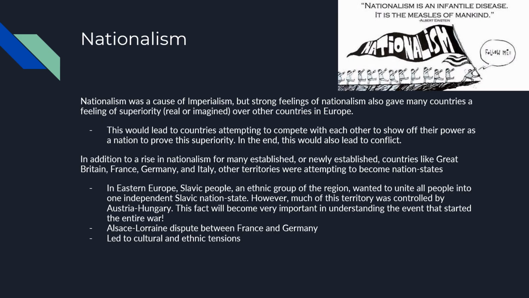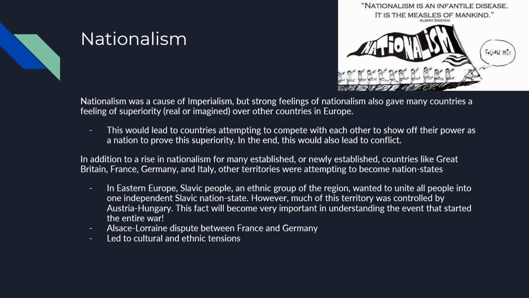So for instance, in Eastern Europe, and this is going to become important in the coming slides, Slavic people, who were an ethnic group of the region, want to unite all people into one independent Slavic nation state. Unfortunately for them, much of this territory was being controlled by Austria-Hungary, which was an empire in Central Europe, which had taken over a lot of these different territories. And so this will become very, very important in understanding the true event that sparks this war being set into motion, which we'll talk about in a second here.